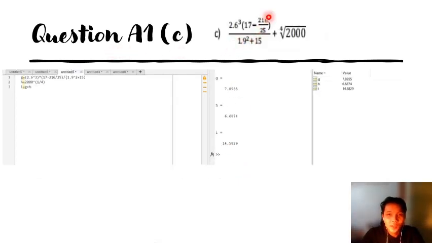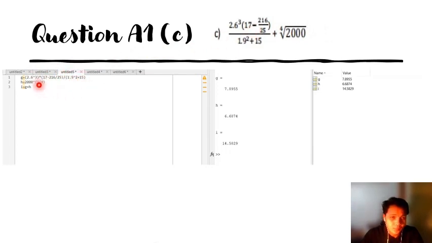So for C question, this is a little bit hard. To make our coding easier, we can divide this into three parts: the upper, lower, and the right side. But for me, I just write down the left part here in one equation, because for me it isn't complex enough.